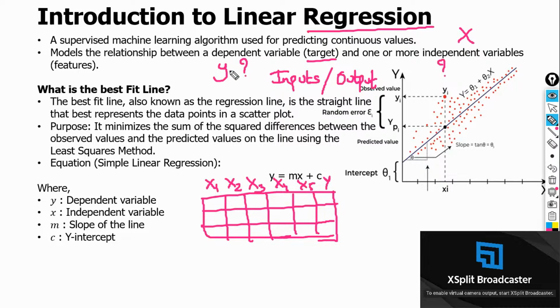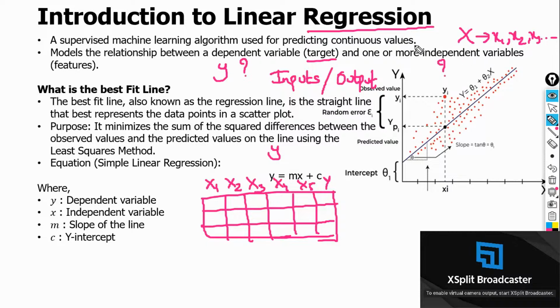If you observe carefully, I am representing y in lowercase and X in uppercase. The reason is we'll have only one output, so I'm representing it with a small y. The uppercase X represents all the inputs. X are nothing but independent variables; they do not depend on anything.